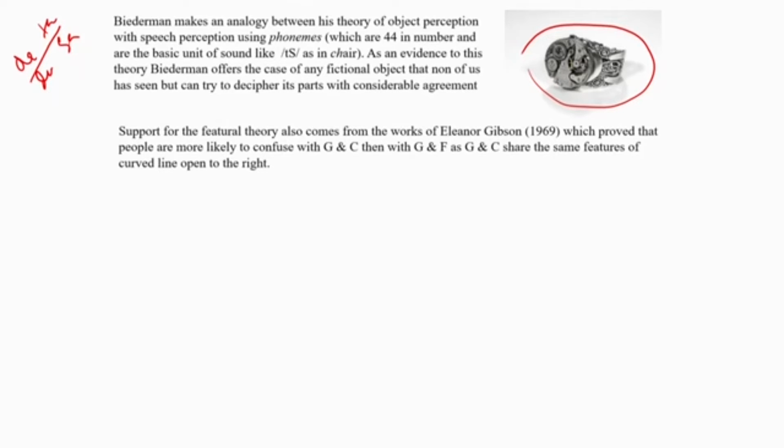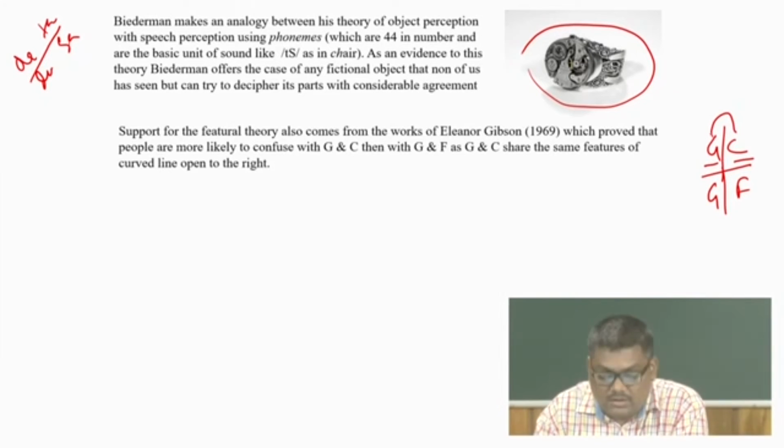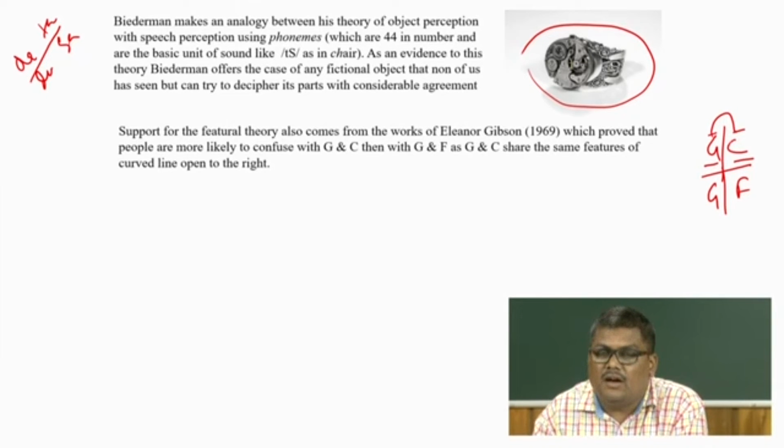And so, what Gibson said is that it is easy to confuse between visual inputs of G and C than to confuse between G and F. The reason being that G and C both have a circular geon which is attached to another small geon, but if we look at G and F, the circular geon is not there. Here we have a circular geon, here we have some other kind of geon, and that is how these confusions occur. So, confusions occur because G and C share the same features with each other.